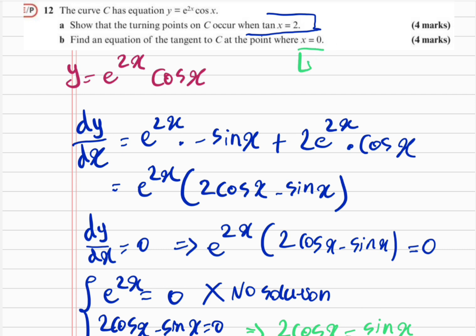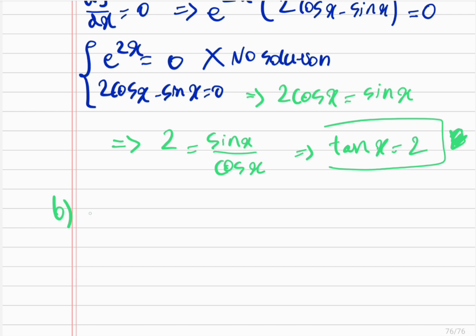We just need to find the y coordinate of that point. So we can find that by substituting x into the equation of the curve, which is y = e^(2x) cos x. If you substitute 0 into that, we have e^0 times cos 0, which is just 1. So the point has coordinates, let's call that point P, (0, 1).